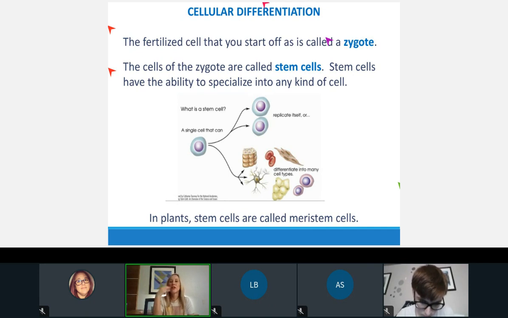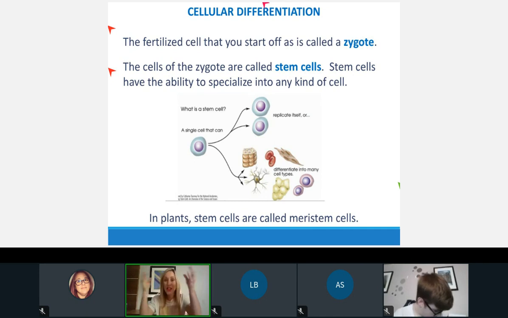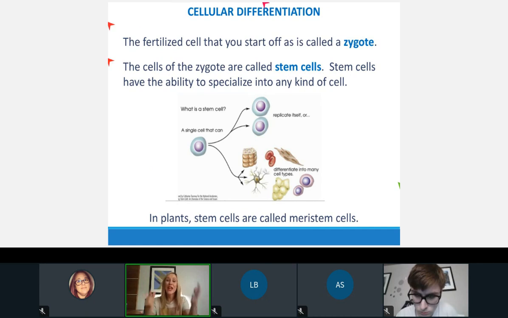So what happens is our cells take a pathway, just like you are in this high school age where the embryo starts maturing. As the embryo starts to mature, cells start to go different directions and get jobs. It's just like where you guys are at in life. You are going to start finding your niches, what you're good at, what you like, and going to get training in different areas for those jobs. That's exactly what cells do.